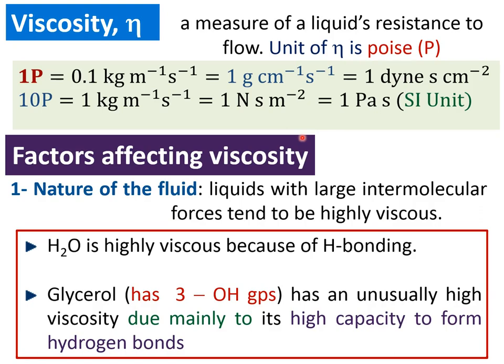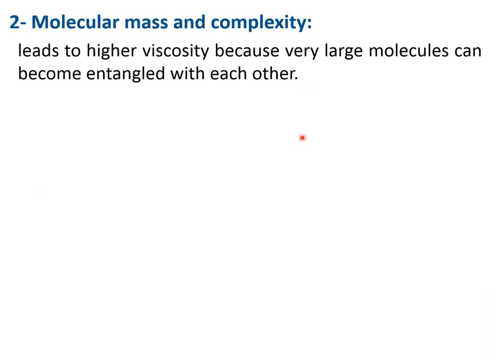Okay, the molecular mass and the complexity also affect viscosity. As the molecule becomes more complex and the molar mass increases, the opportunity for interaction or intermolecular forces increases, and the viscosity increases as well.